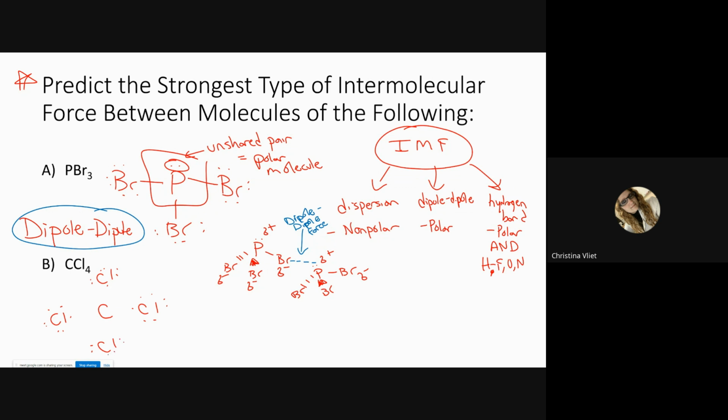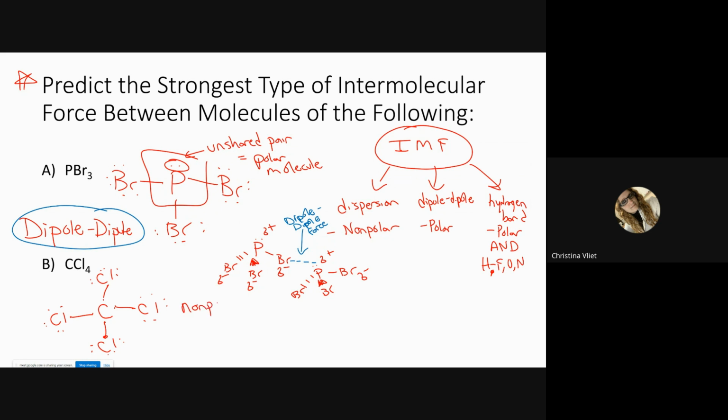And you can remember that because it's a symmetrical molecule. It's nonpolar, right? CCl4 is completely symmetrical. 4 chlorines pulling in 4 directions, all with the same power. So we call it nonpolar.